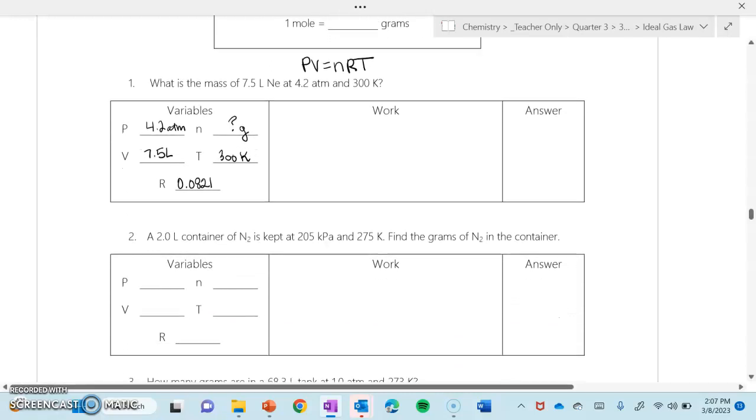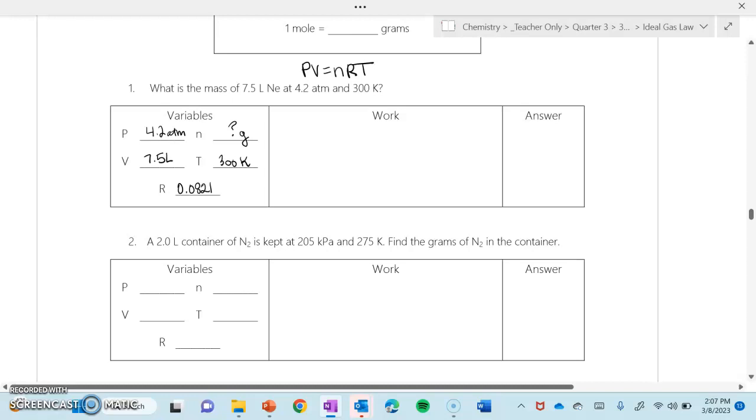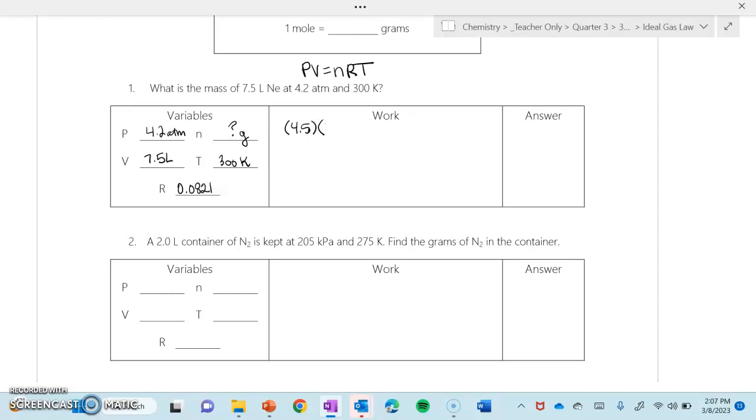PV equals nRT. So let's plug in. 4.5 is our pressure, 7.5 volume. We don't know N. 0.0821 is R, and 300 is T. Do some multiplication, solving for N.